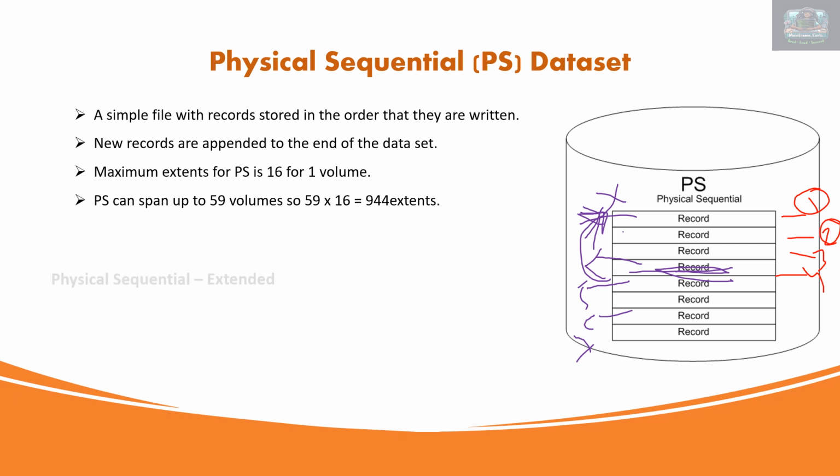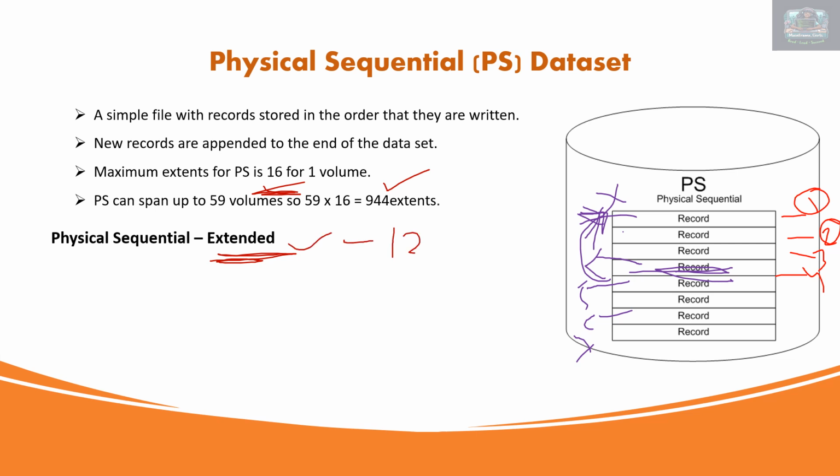And here we have another type called extended. A normal dataset will take only 16 extents, like I mentioned here, in one volume. But when it comes to an extended dataset, it can go up to 123 extents.